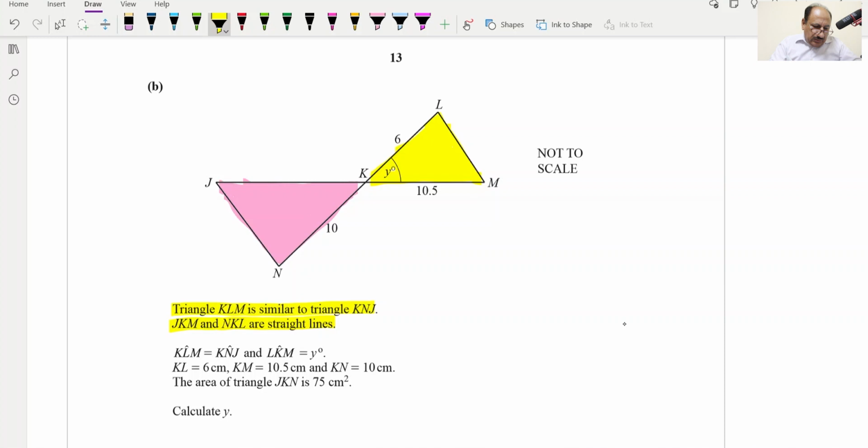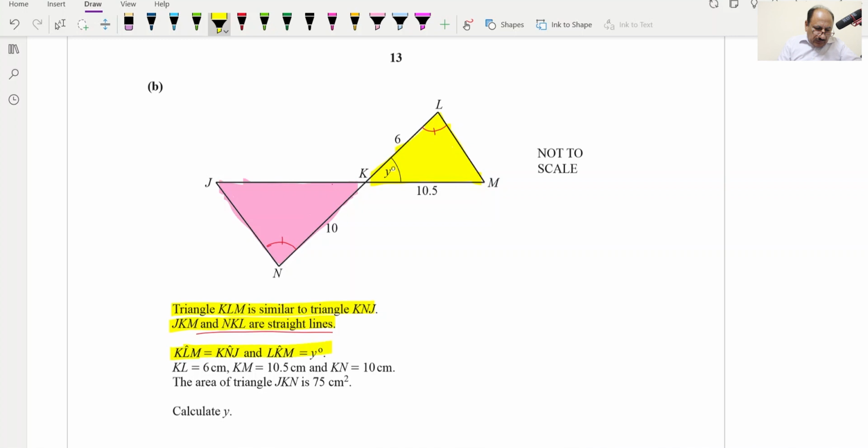JKM is a straight line, and NKL are two straight lines, and angle KLM is equal to KNJ. KNJ is this angle. So these two are corresponding angles. They are equal, and LKM is equal to y.